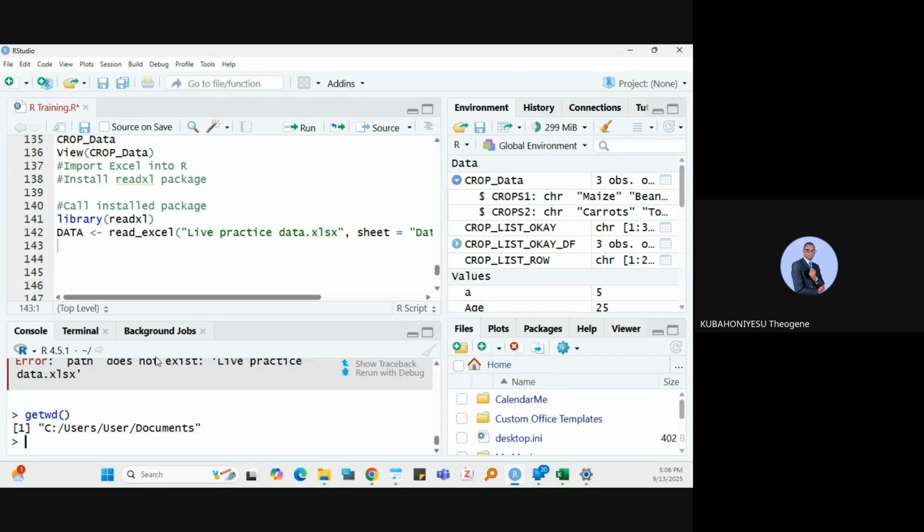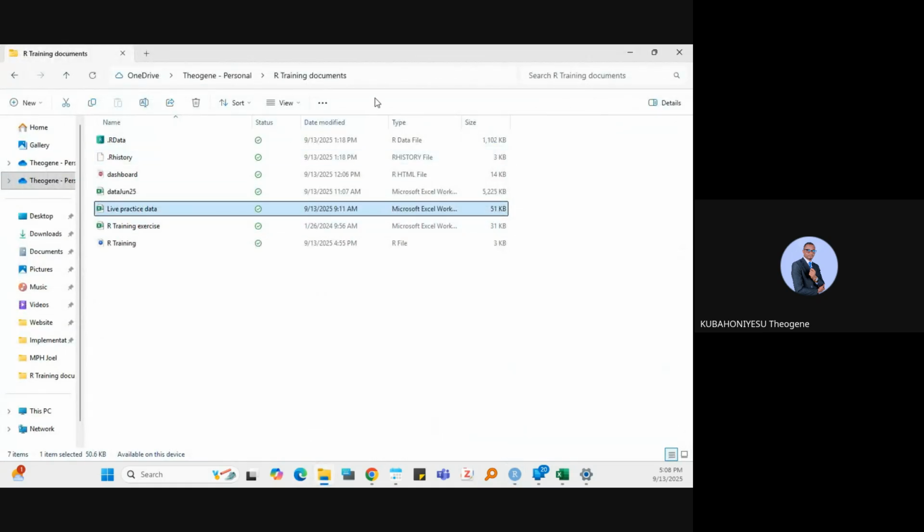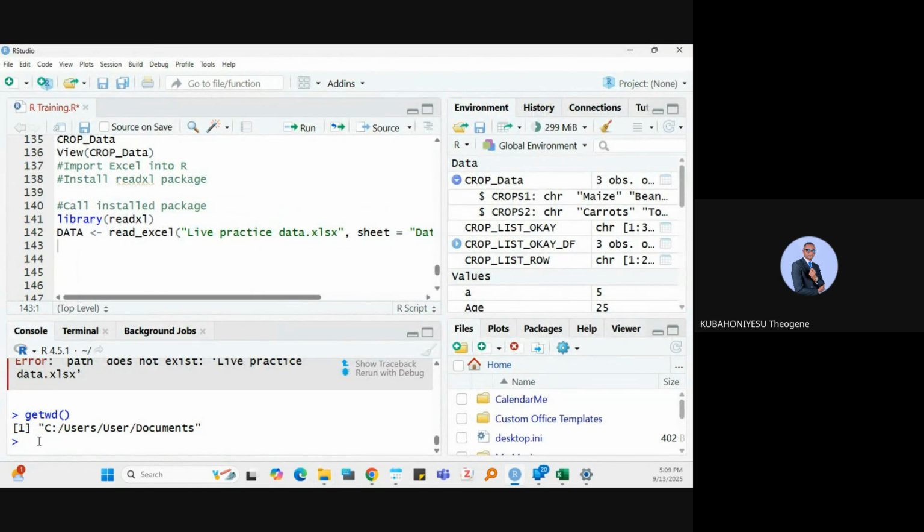Oh, it has changed, because I closed my computer. I need to bring it back. For you, it's okay because you didn't close your computer, so the working directory is still there.